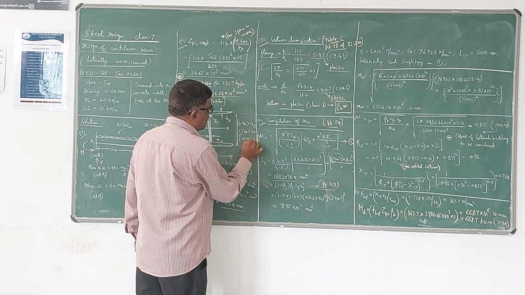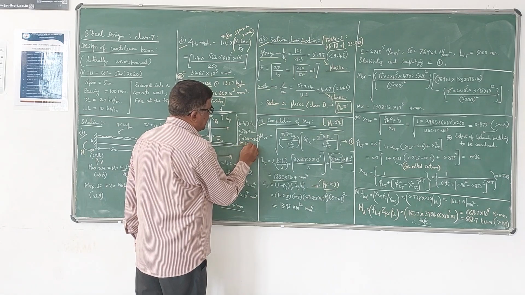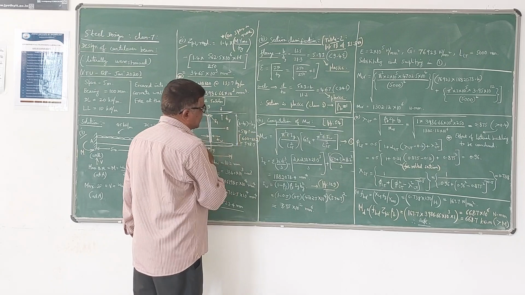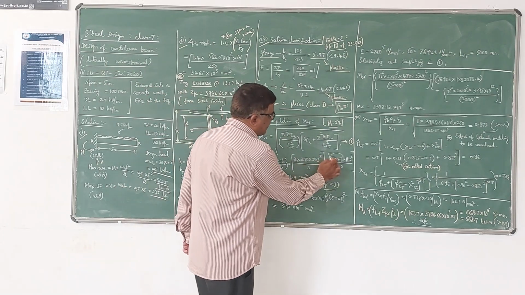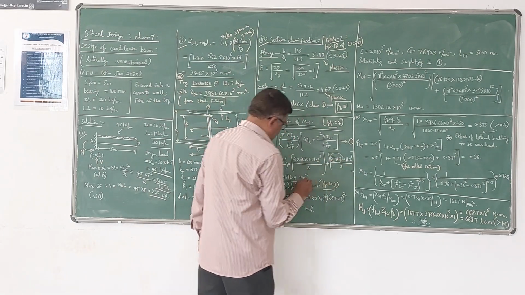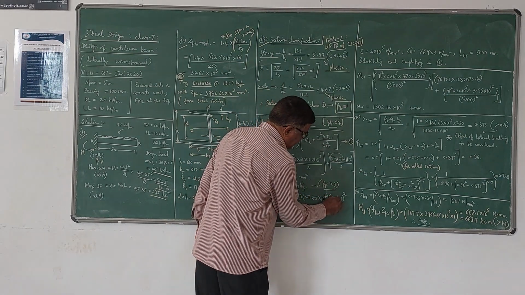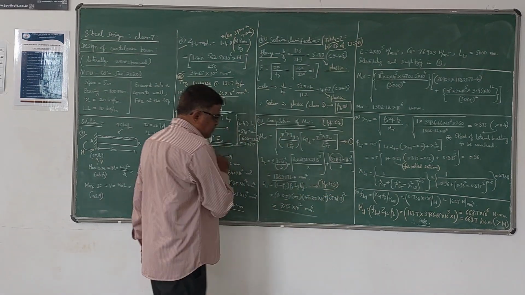So it comes out to be 578.7. So please make that correction. 578.7 it will be. So there will be a slight variation in this value.